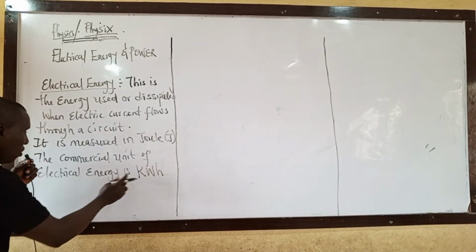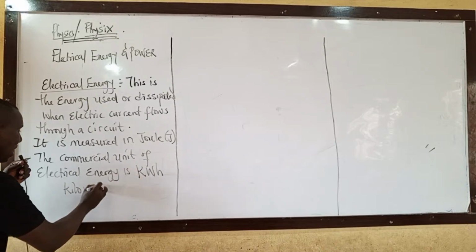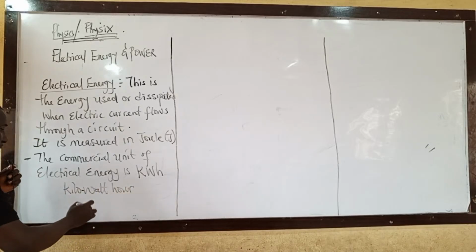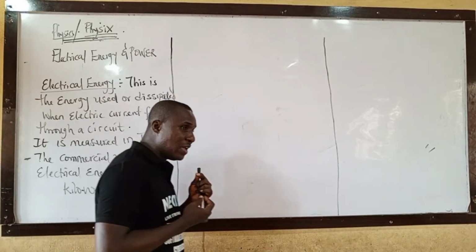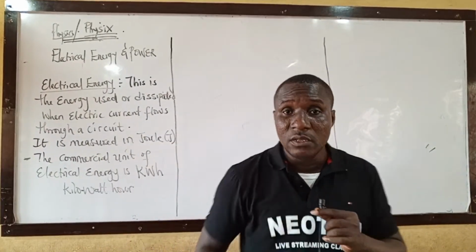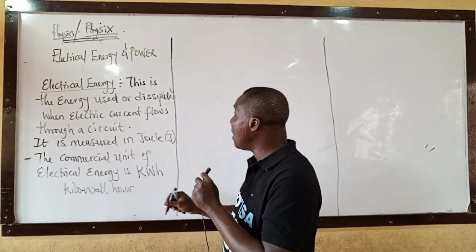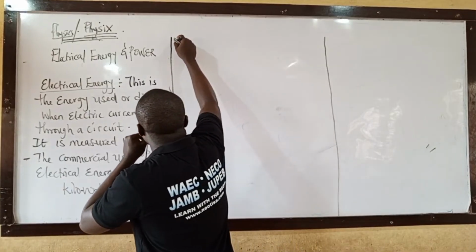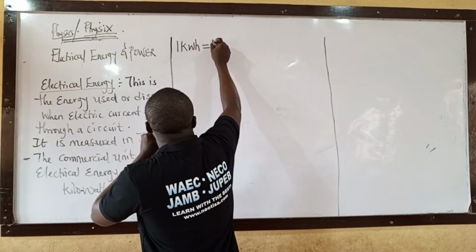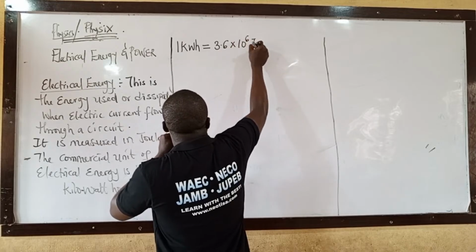That is kilo, W means watt, and H means hour. Take note that 1 kilowatt hour is equivalent to 3.6 times 10 raised to the power 6 joules.